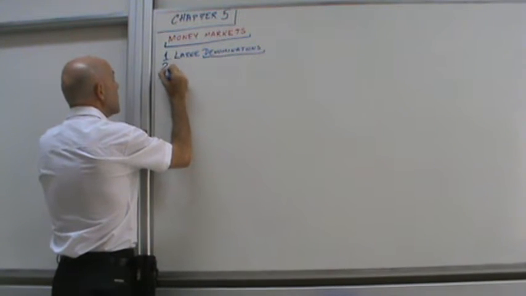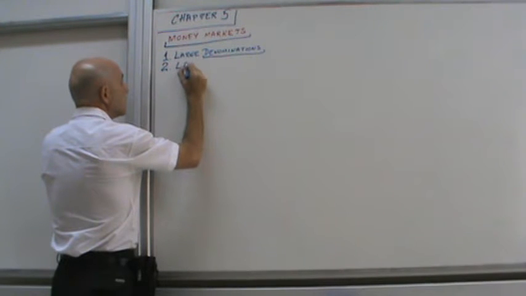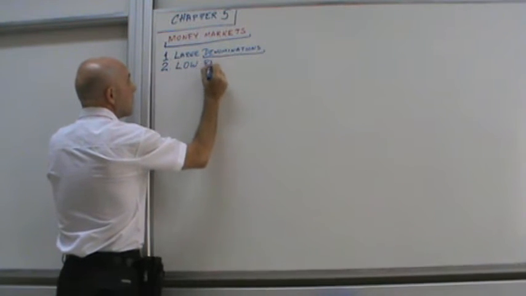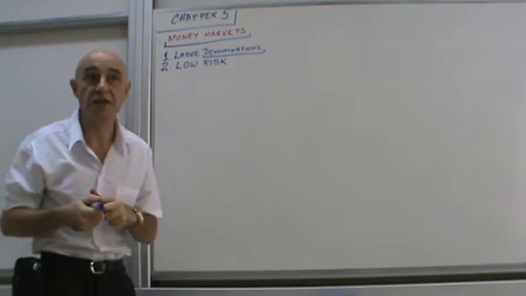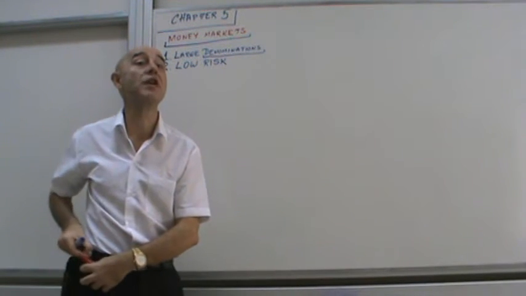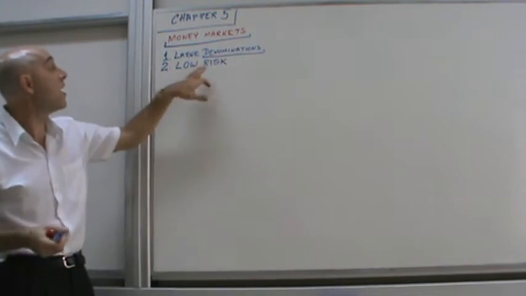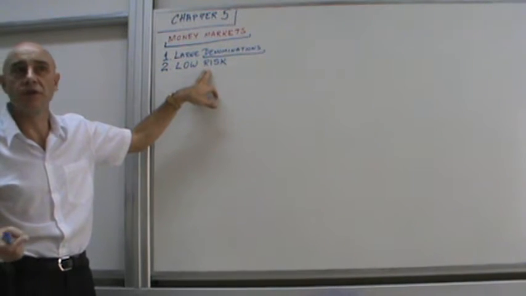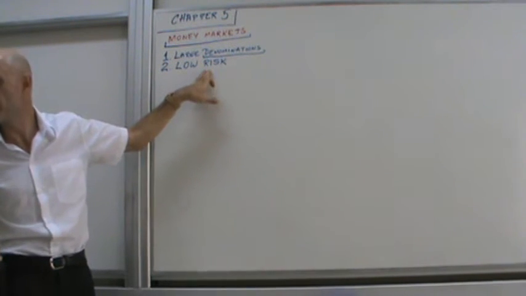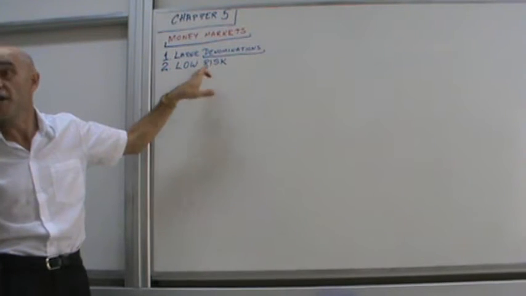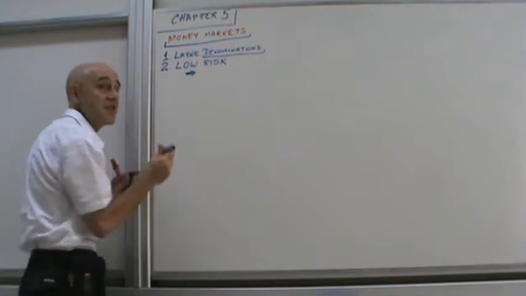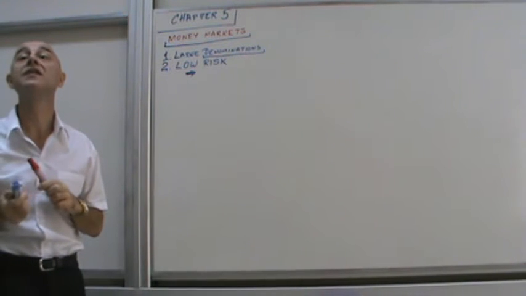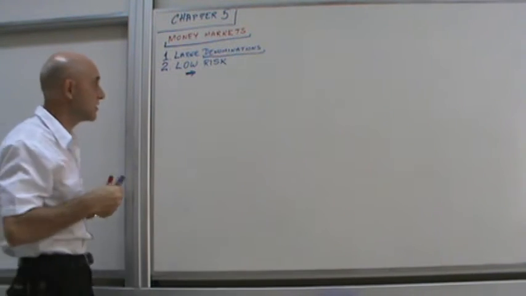Number 2, low risk. These instruments are considered to be relatively low risk. Now, it's very important to understand that doesn't mean that the risk is low. Here, when we say low risk, we mean specifically low default risk.